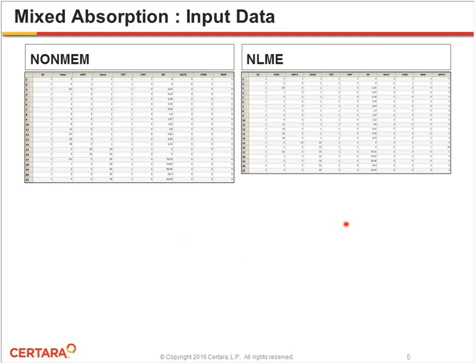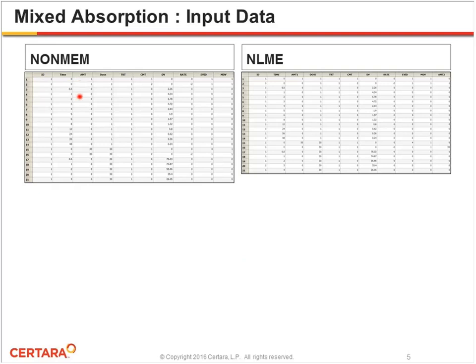So we try to not change the column names for these two inputs, and you can use them right away. Starting here with the ID column, the subject identifier, the time, and the amount.